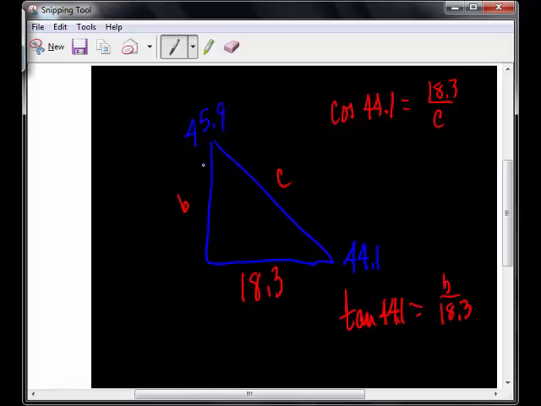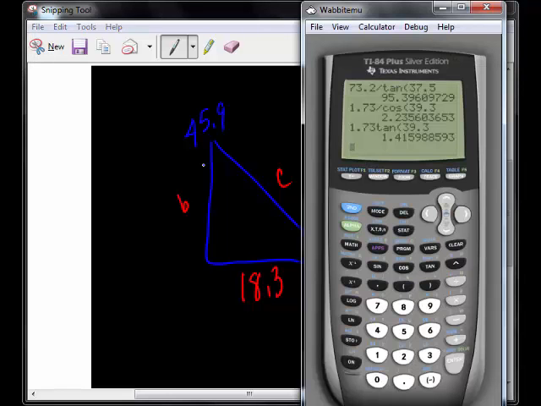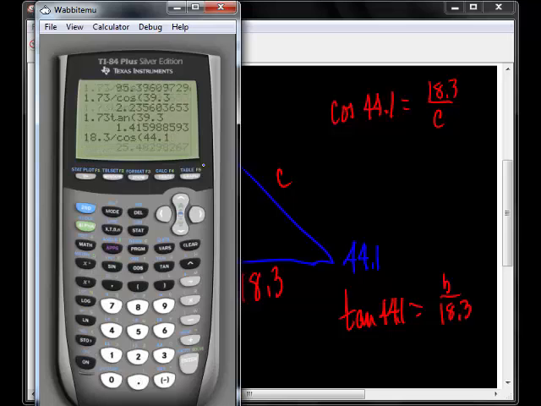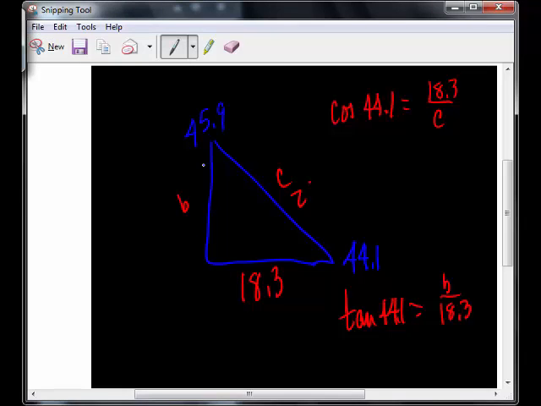So in the first case, we're going to take 18.3 divided by the cosine of 44.1, and C is 25.5.